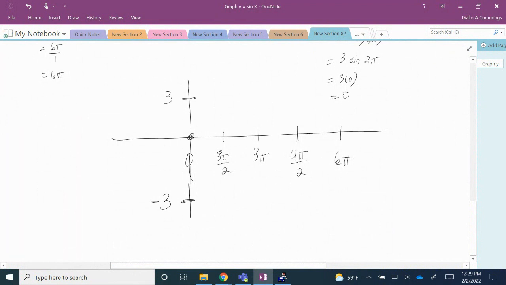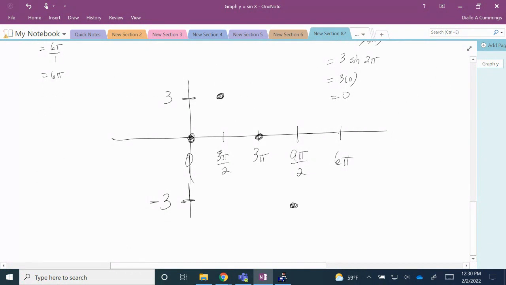So we have 0, 0. We have 3 pi over 2, 3. We have 3 pi, 0. We have 9 pi over 2, -3.